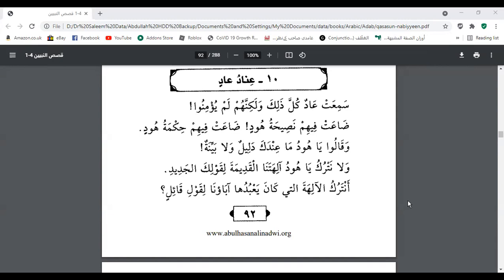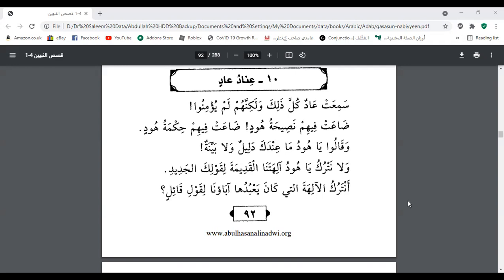So the people of Ad, their rejection, their stubbornness. سمعت عاد كل ذلك ولكنهم لم يؤمنوا. Ad heard all of this, but they did not believe. ولكنهم, but they لم يؤمنوا. لم is attached to a mudare and it changes it into majzoom, jussive state, and it puts some emphasis on that and it makes it into madi.